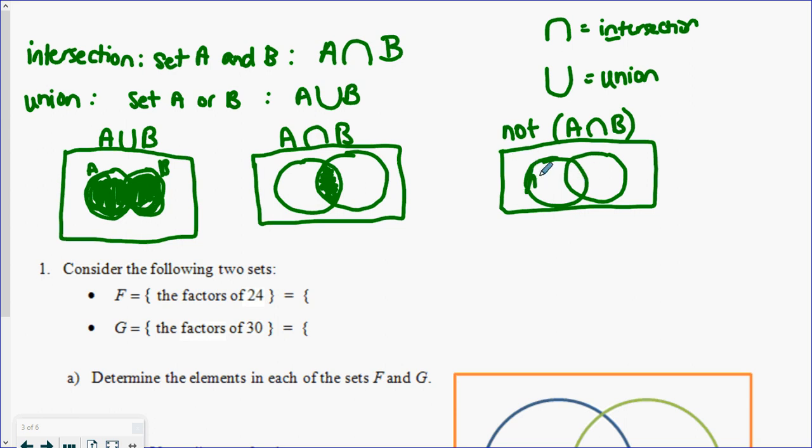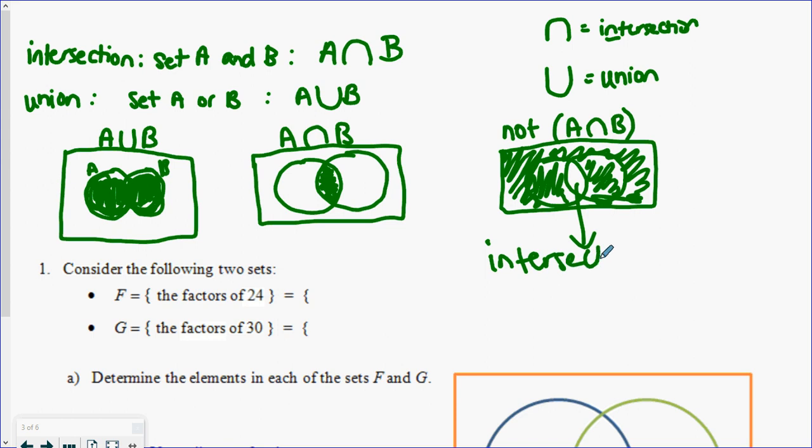It is going to be the rest of the circles, but also the rest of your universal set. The only thing that's not shaded is your intersection.